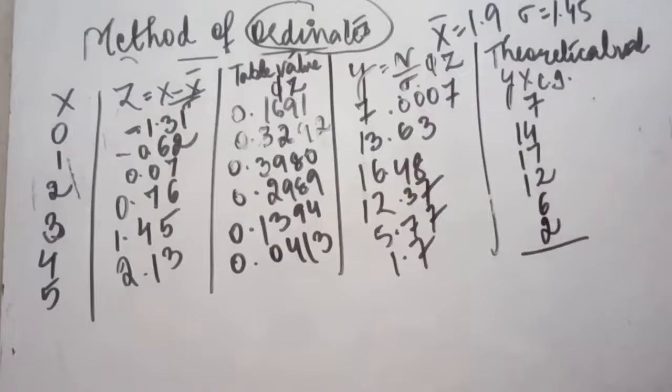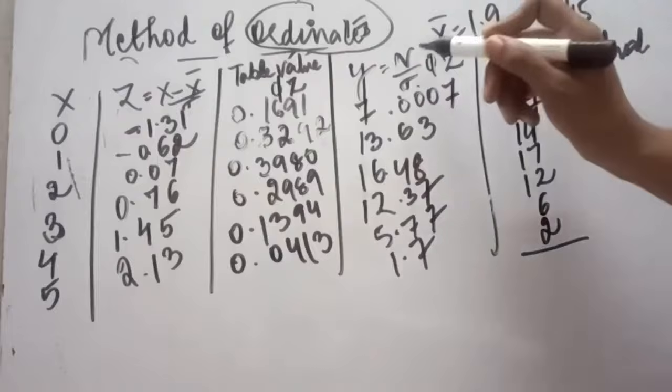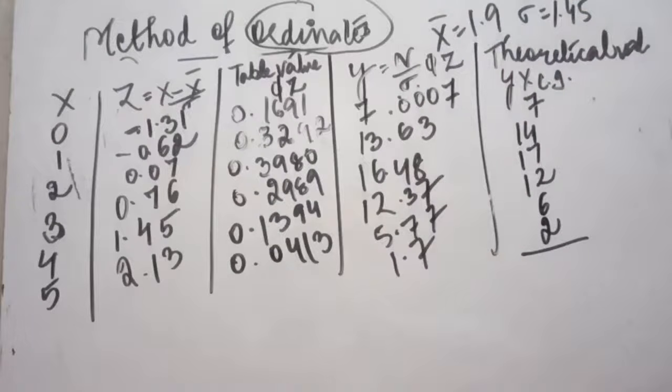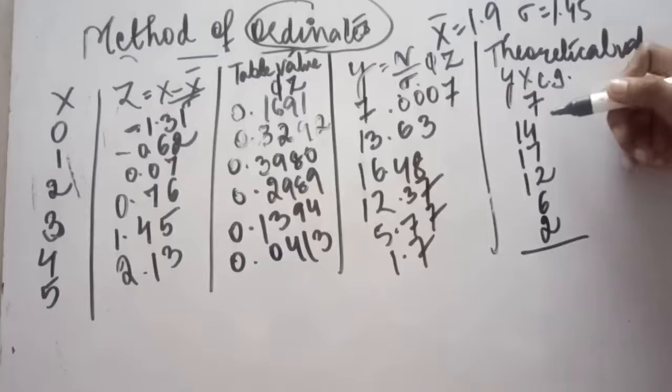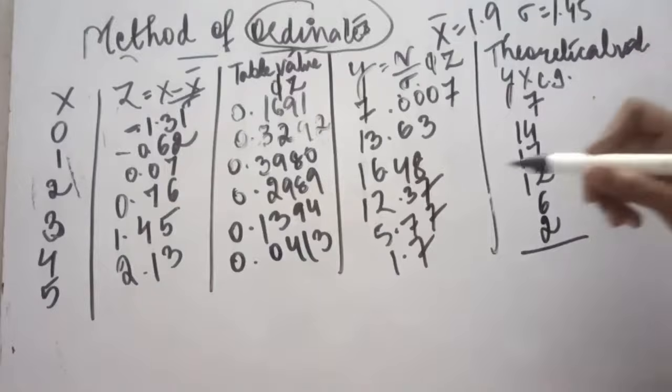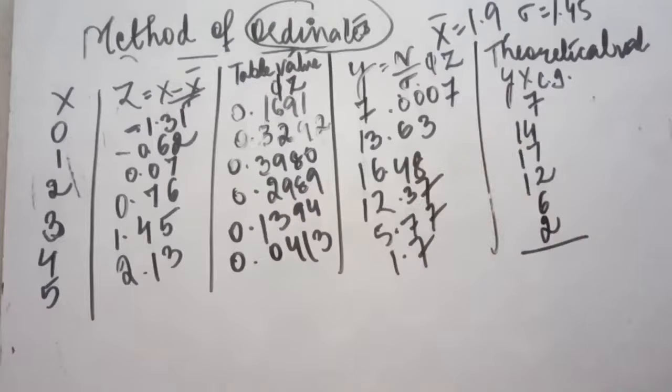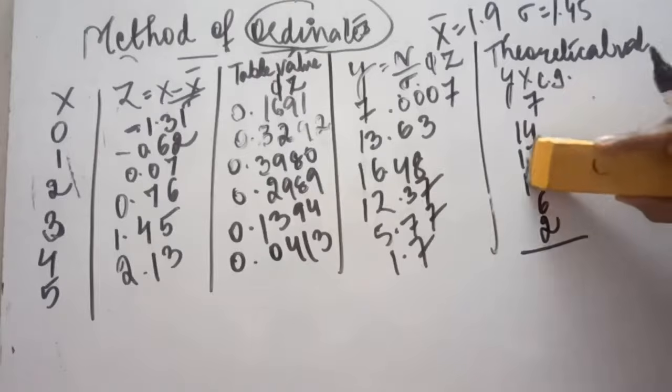You have to add these, and this total you have to make equal to 60. When we add this, it comes out to be 58. So it means two values we have to increase somewhere. You can increase at the points where you feel it should be increased. Here it is 12.37, we can give it a 13.